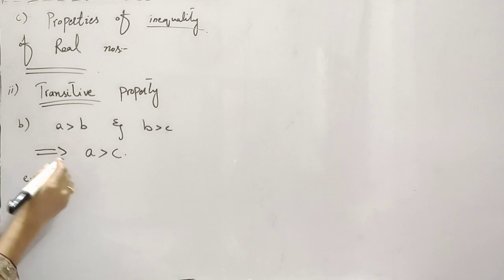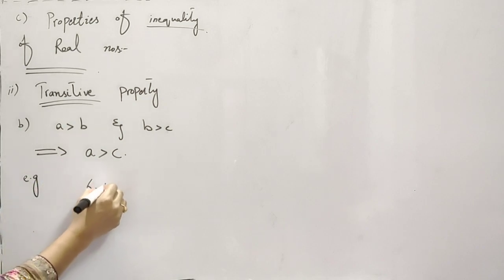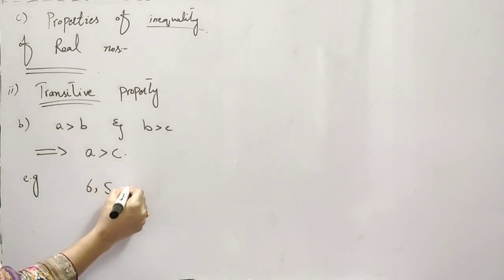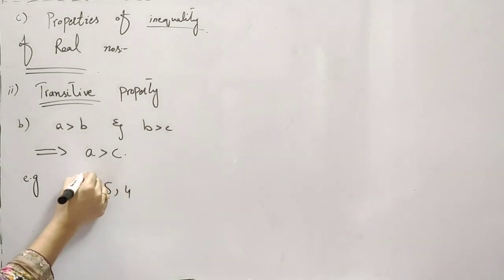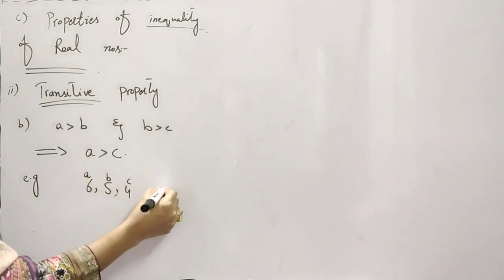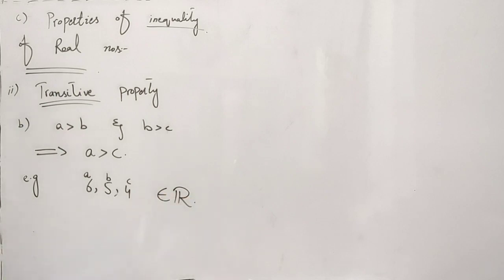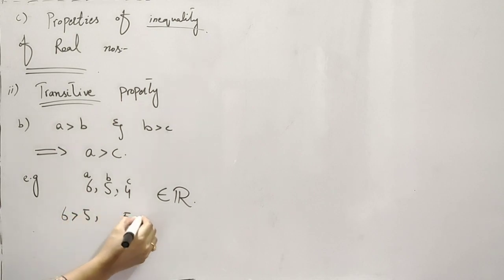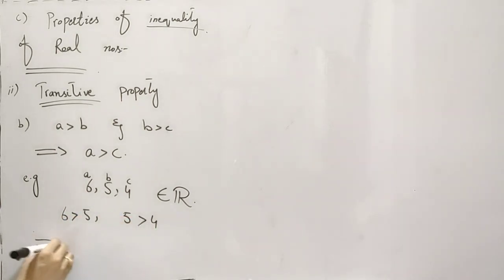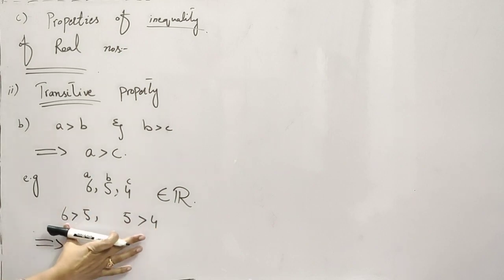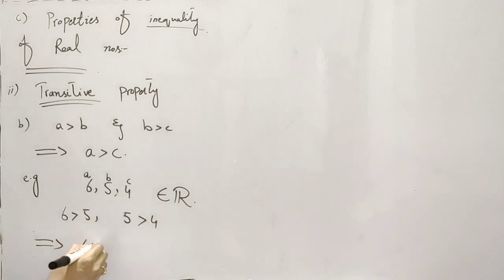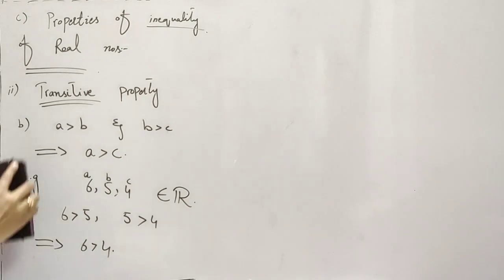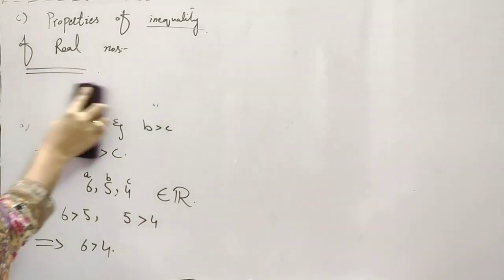For example, take a equal to 6, b equal to 5 and c equal to 4, and all these numbers belong to real numbers. Then you can say that 6 is greater than 5 and 5 is greater than 4. You can easily say that 6 is also greater than 4, and this is the transitive property of the inequality of real numbers.